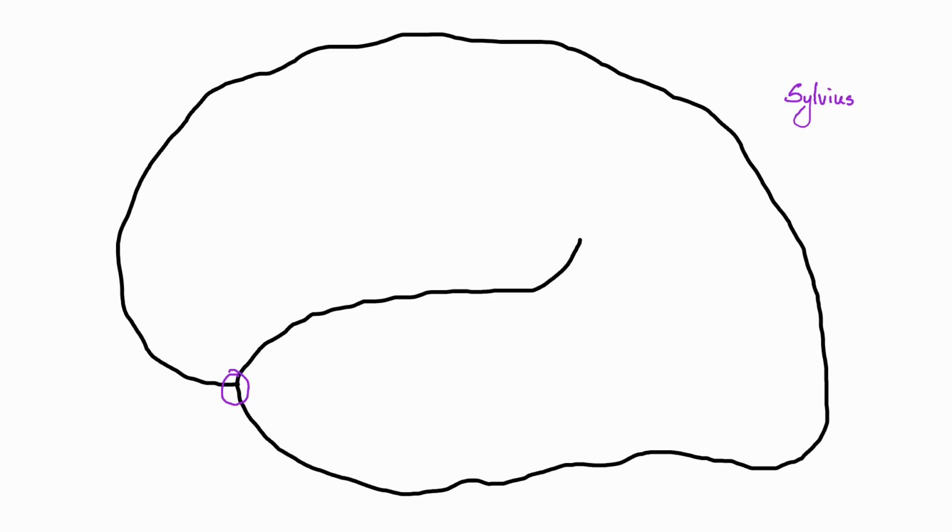The posterior ramus, which is visualized over here, is the main part of the sulcus. It is about 7.5 centimeters long, and it runs posteriorly, as the name suggests, across the lateral surface and ends in the inferior parietal lobule by an upturned posterior end. This is the upturned posterior end of the lateral sulcus.